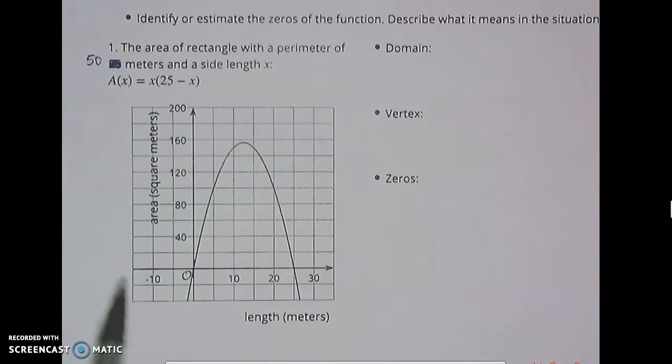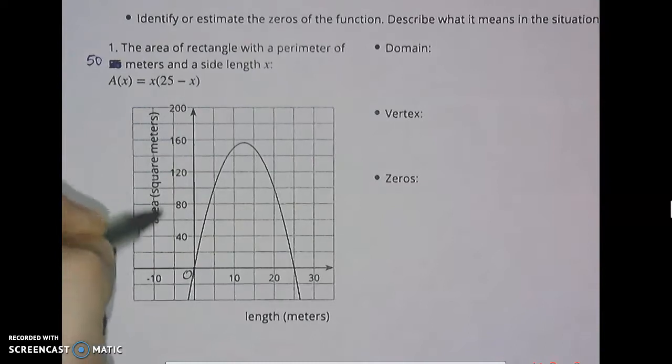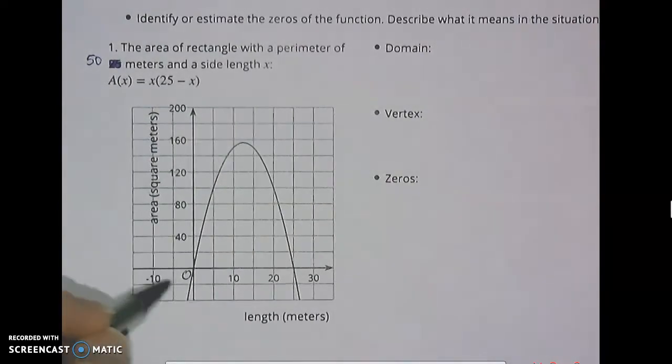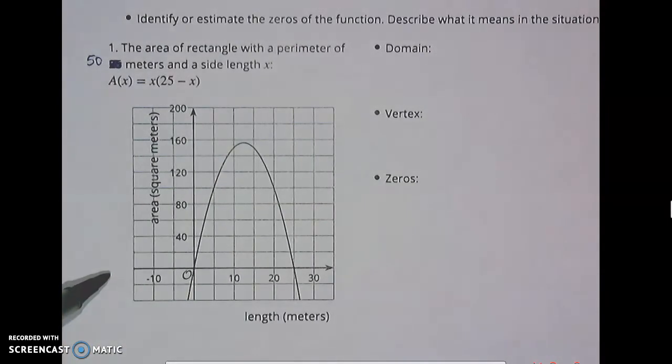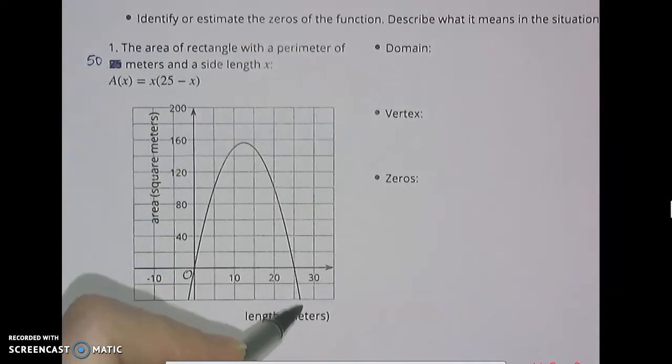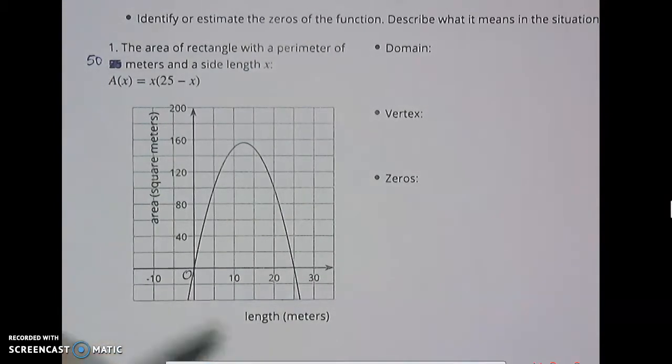So, pretty much, we're talking about area. Can area ever be negative? No. So we don't want to look at anything that's over here, because we can't have a negative length. So we definitely want to be over here. And if we're higher than 25 here, that means that our area is starting to be negative, and that doesn't make sense either.